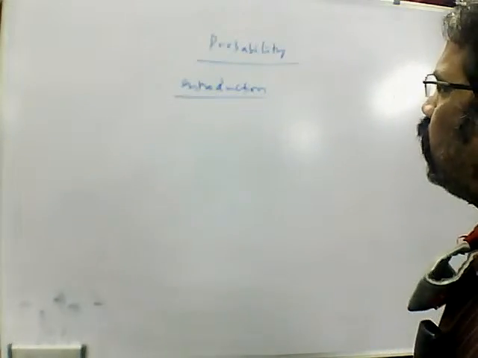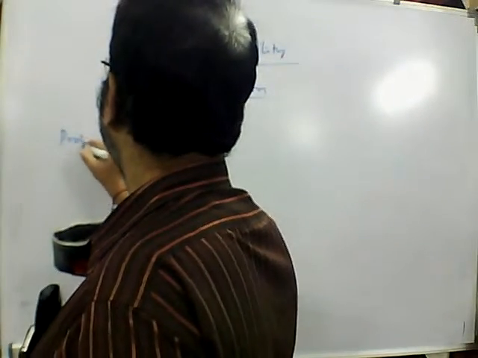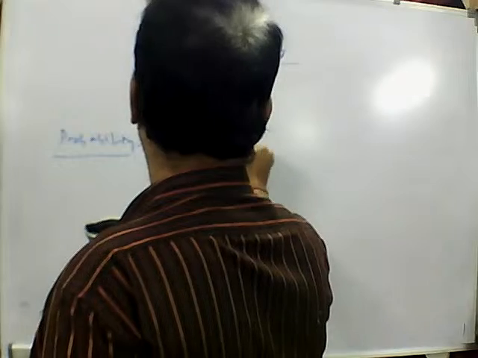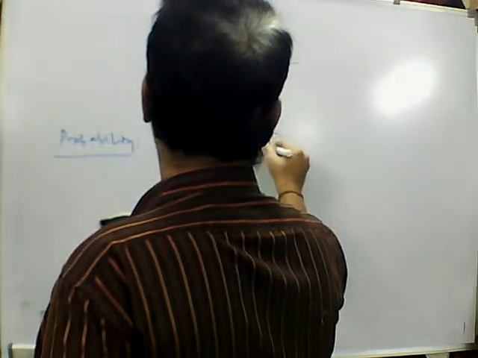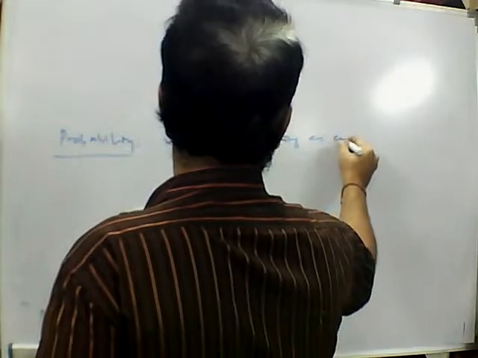So what is probability actually? Probability is nothing but a measure of certainty, a measure of the happening of an event.